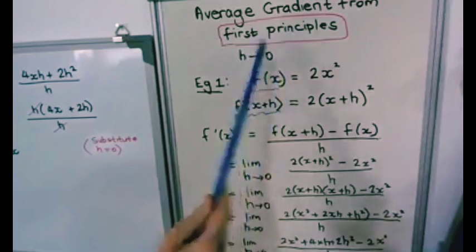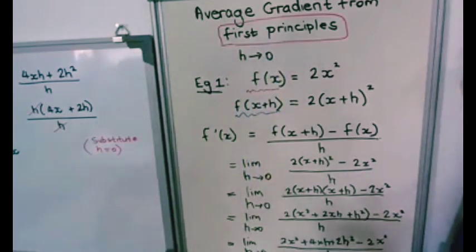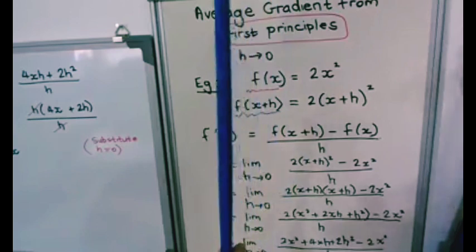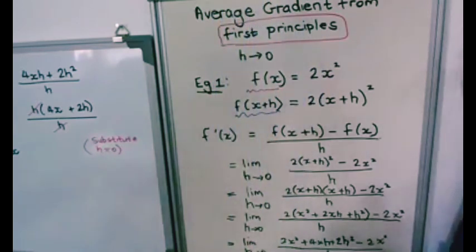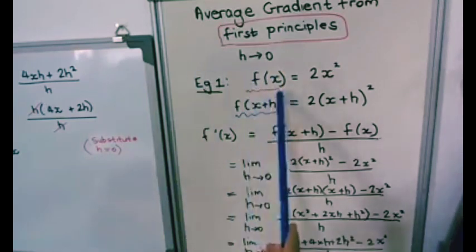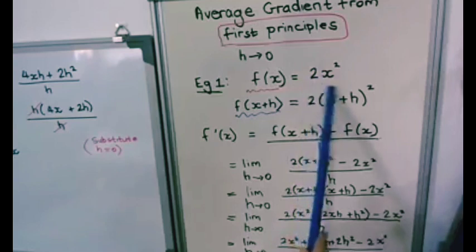We can't say it's equal to 0 in our actual working out, because it's not equal to 0, but it tends towards 0, meaning it gets more and more towards 0. The example I'm going to give you is: find the average gradient from first principles of f of x equal to 2x squared.